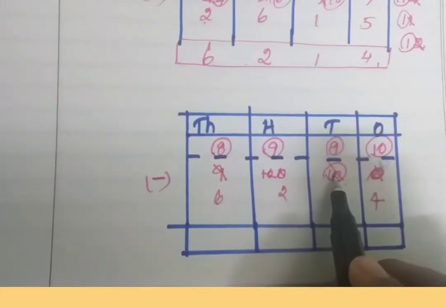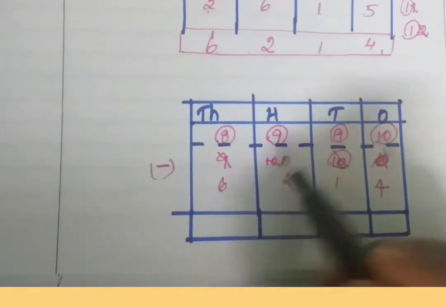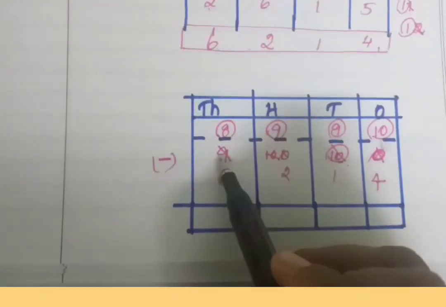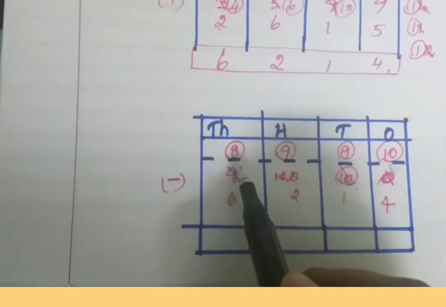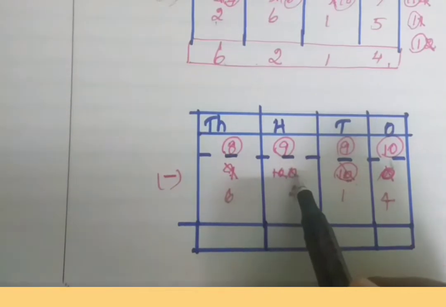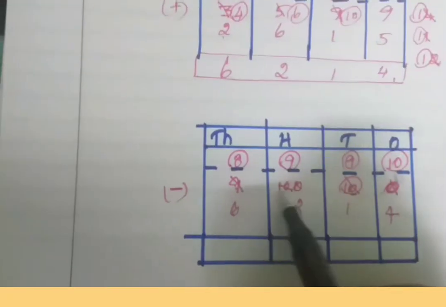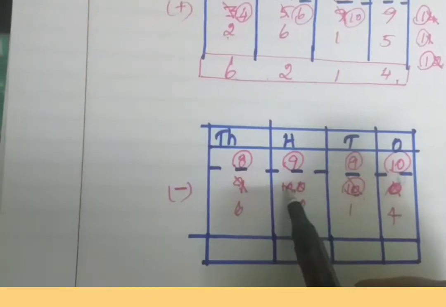You borrow from the nearest place, there is no number, and again from the nearest place, that's also no number. So you borrow from the 1,000 place and immediately write the before number. Here 0 becomes 10.